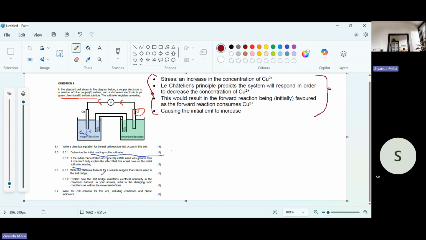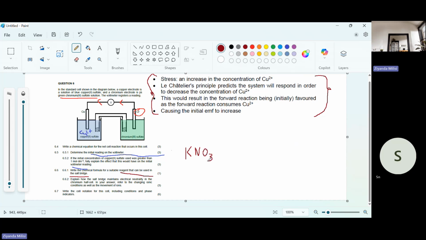Write down the chemical formula of a suitable reagent that can be used in the salt bridge. You can use KNO3. It's a salt. Your salt cannot contain a sulfate. That's one thing you need to bear in mind.